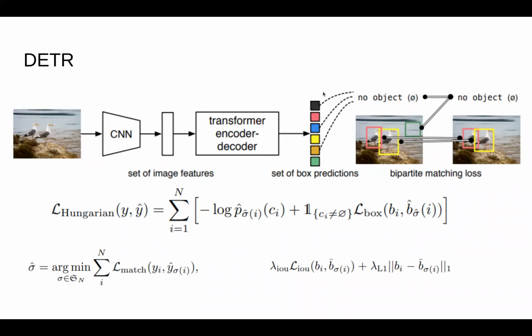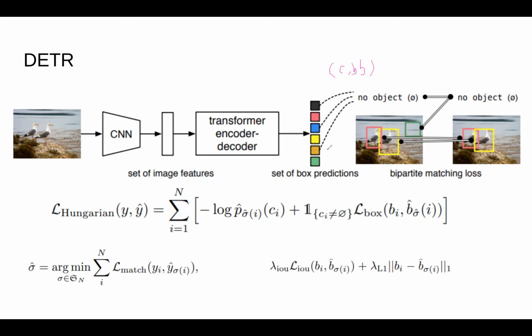So with these 100 predictions, maybe I'll draw this. What each prediction basically gives is the class and the bounding box. So since it's 100, in this case you could have two objects.